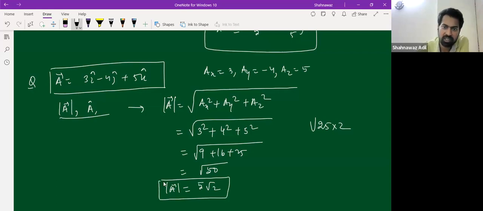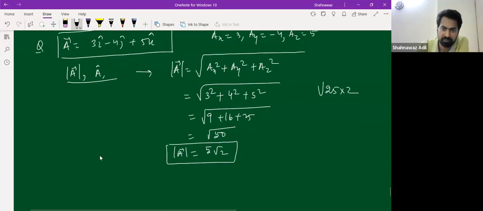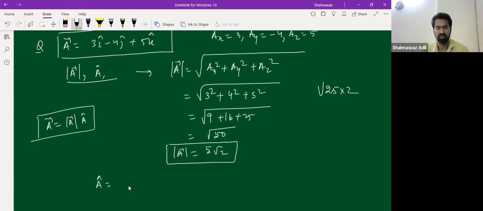And what would be this direction? Whenever somebody asks you about direction, you just remember this. We have this magnitude and we have the vector. So what is this direction?